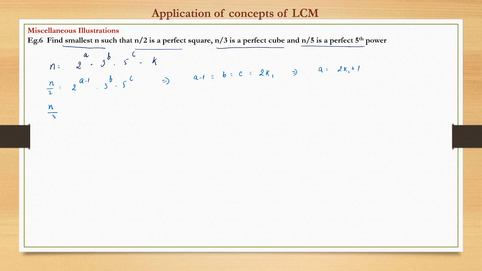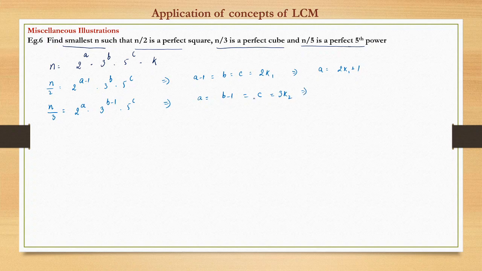Now n by 3 we can write as 2 raised to power a into 3 raised to power b minus 1 into 5 raised to power c. For this number to be a perfect cube, the indexes a, b minus 1 and c must be a multiple of 3, say 3k2.